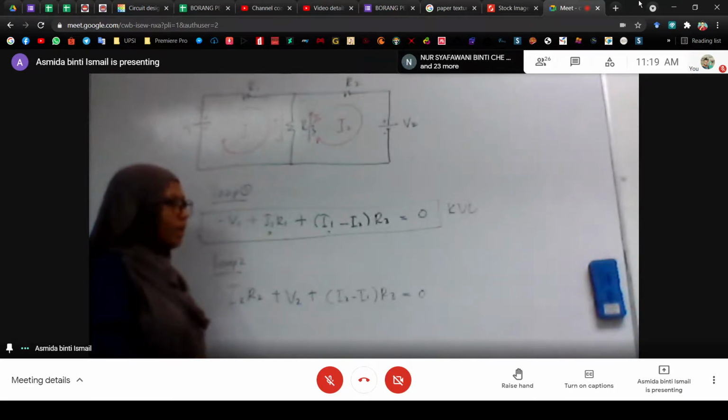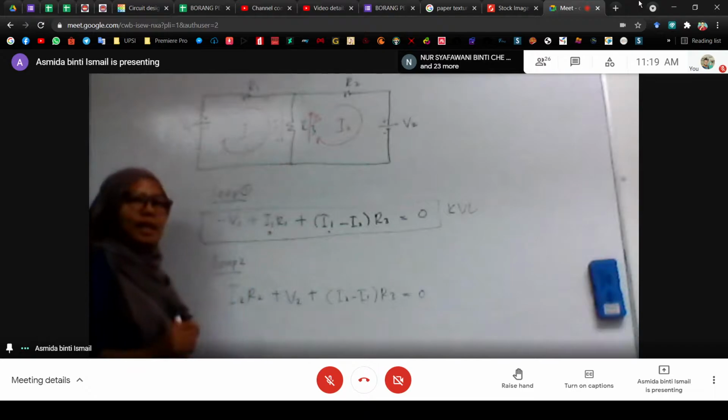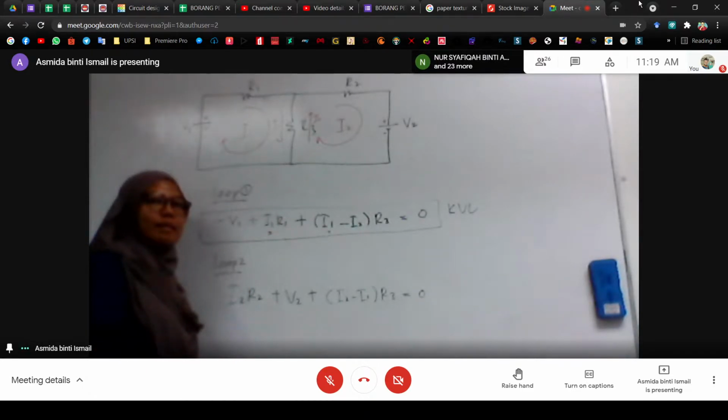If you look at this equation, this one and this one, it's the same as your equation in the slide. Sama je dengan slide tu. Kau tengok.